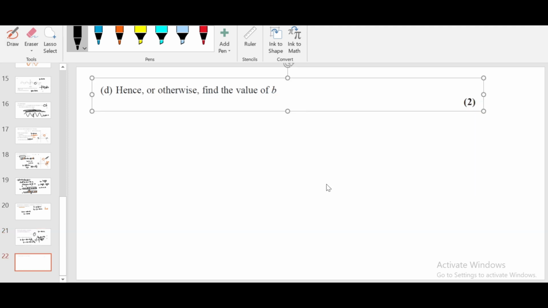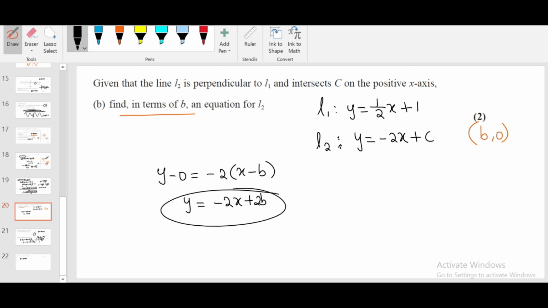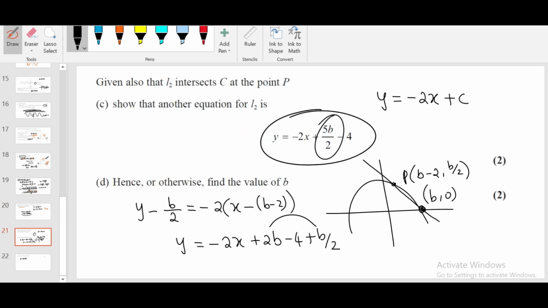Okay. The next part says, hence or otherwise find the value of b. We got the equation of the line as y is equal to minus 2x plus 2b in here, and we got the equation of the same line in another format here, right?